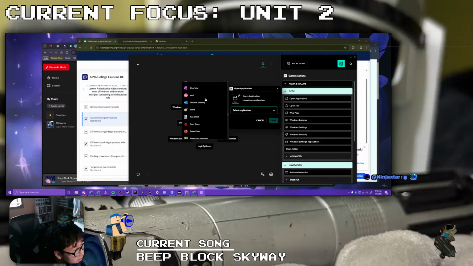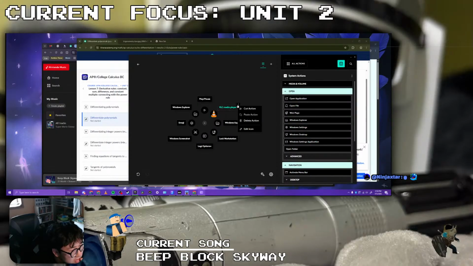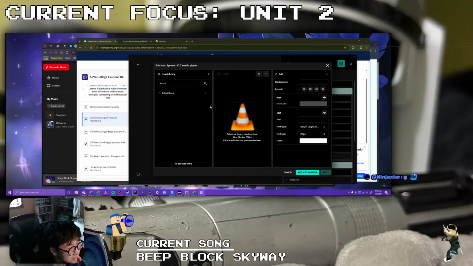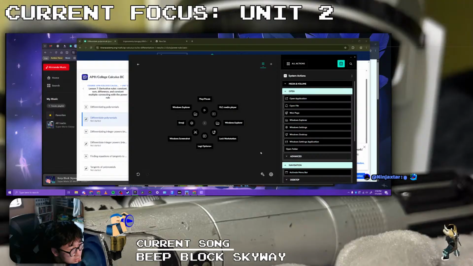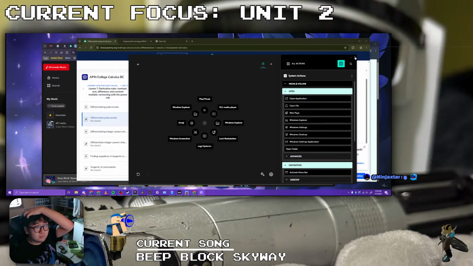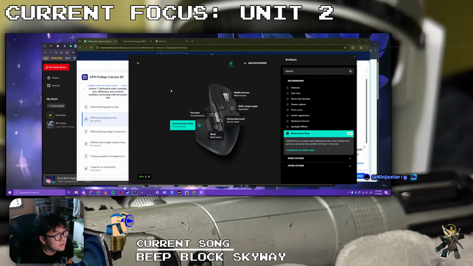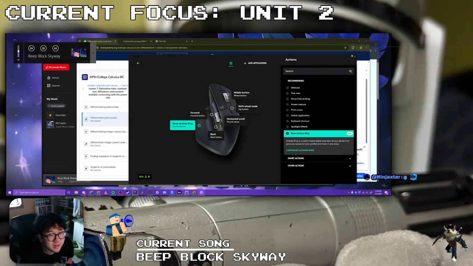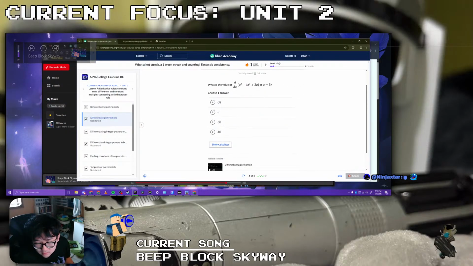What if we had it launch VLC? Oh, that's an ugly logo though. Can we edit the icon? Okay, that looks better. That's cool. Alright. There we go. And that pauses, and that plays. There we go. Alright, now we can get back to our more important duties.